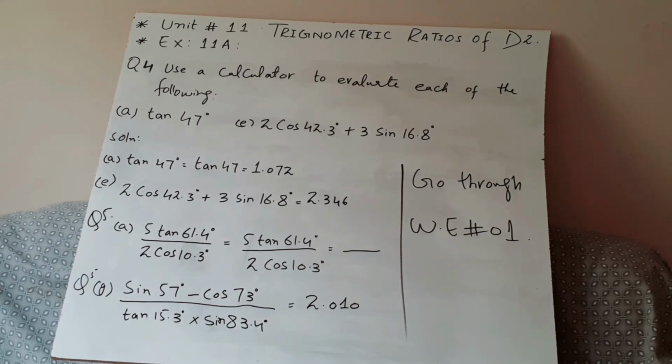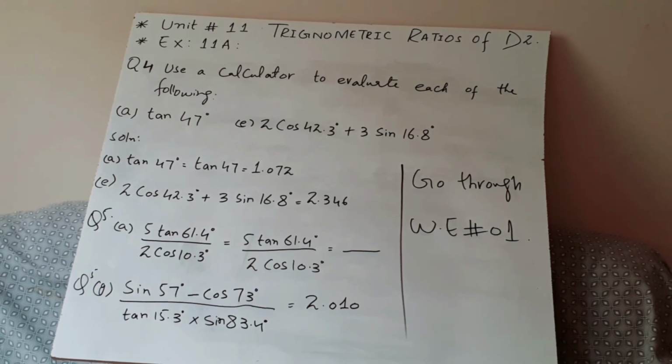After doing this, press the equals key, and the answer will be 1.072368871. You just have to write 3 figures after the decimal, so it will be 1.072.